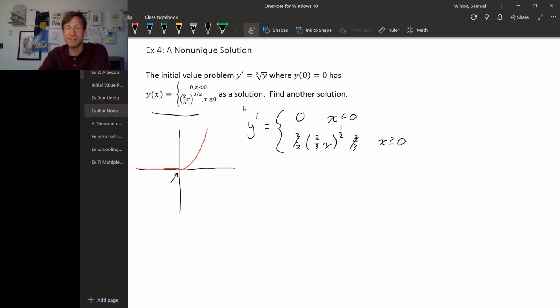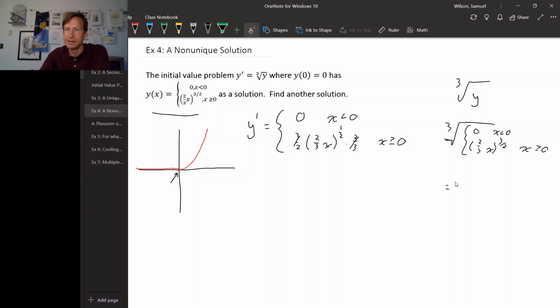All right, to check if this is a solution to the differential equation, we need to compare y prime to the cube root of y. So that's the cube root of, let's see, 0 when x is less than 0, and (2/3 x) to the 3/2 when x is greater than or equal to 0.